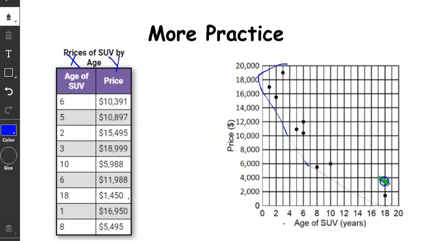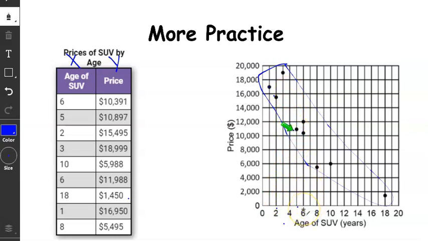Let me take a look at these points. What is happening as your vehicle gets older? When it's a 2-year-old vehicle, it's kind of pricey, right? The higher the price. A 4-year-old vehicle, what's happening? Oh, nothing there. Let's go 7. What's happening? The price has decreased.